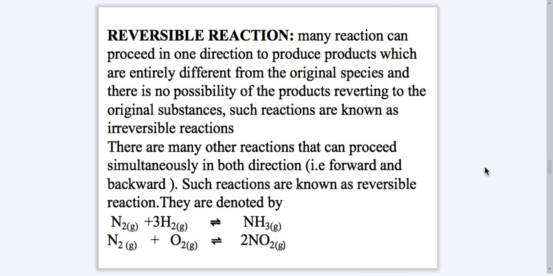Reversible means it can proceed from right to left, or from left reverse back to right. That is, it can go from the reactant to the product, and the product can reverse to the reactant. Forward, reactant to product. Backward, product to reactant.